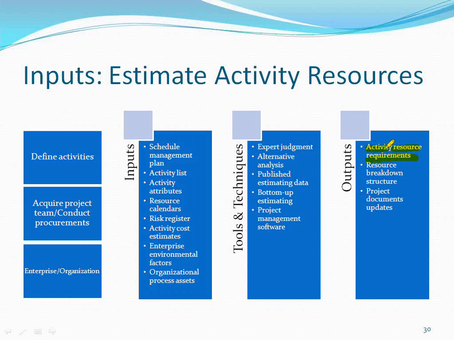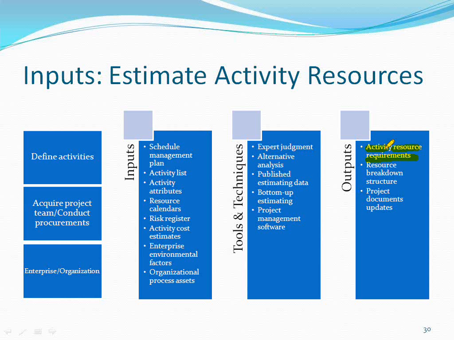These are the resources required for this activity. Take an activity called design. For designing, I need this tool. I need 2 people. I need a printer. These are the resources that are required to do an activity called designing a software.